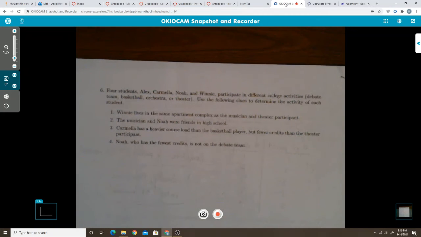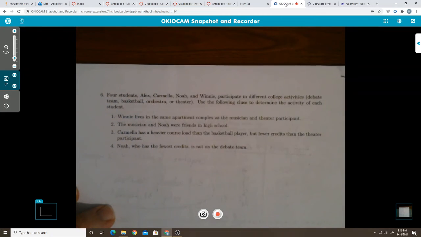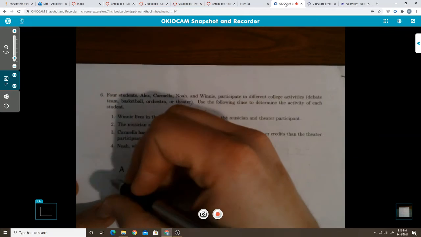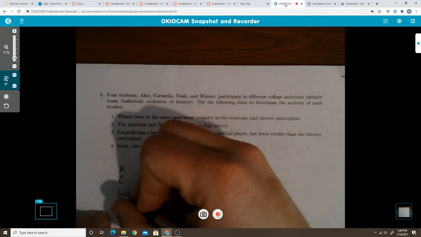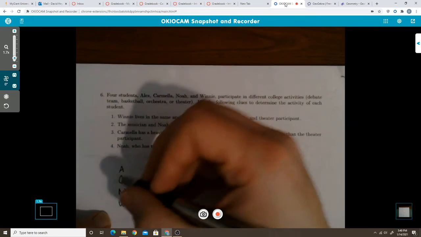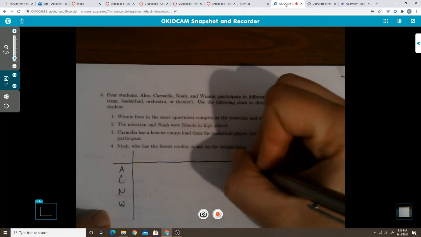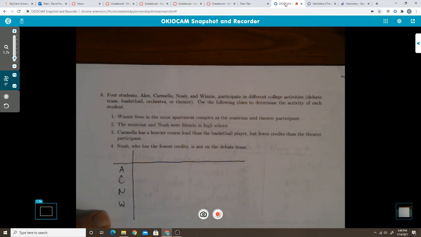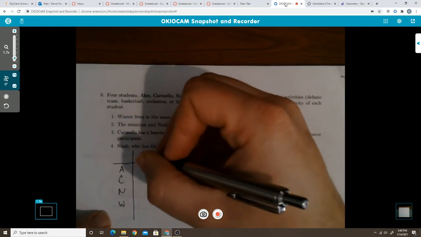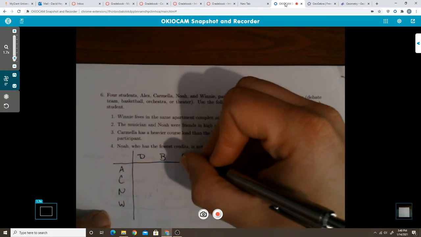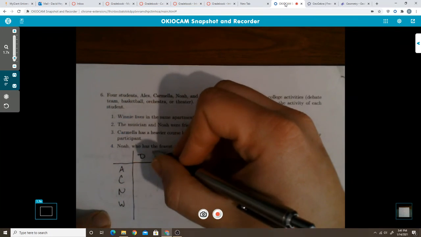So here's what I'm going to do. I'm going to arrange this into a chart. I'm going to put the people down this way: Alex, Carmela, Noah, and Winnie. And then I'm going to put the activities across the top: debate team, basketball, orchestra, or theater.